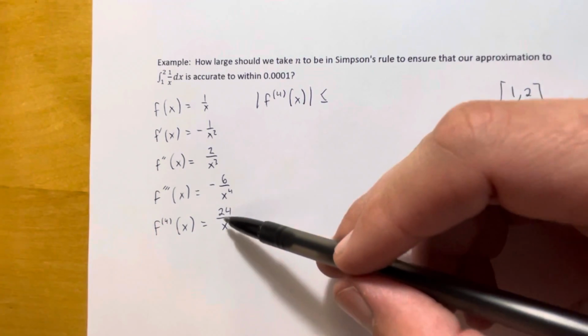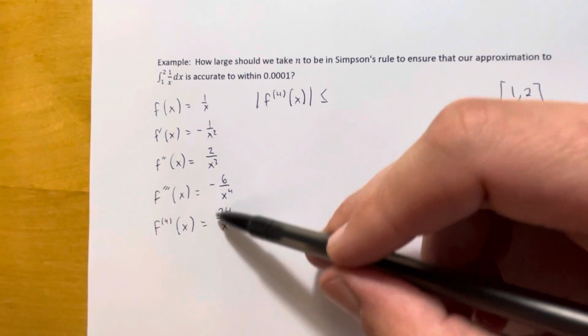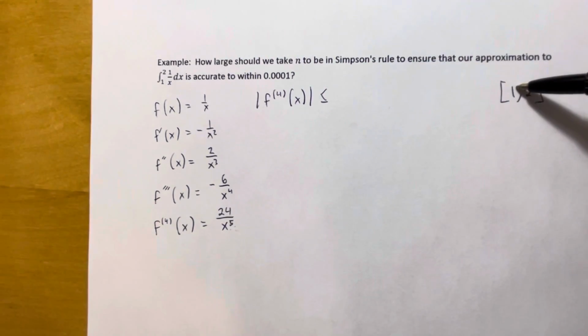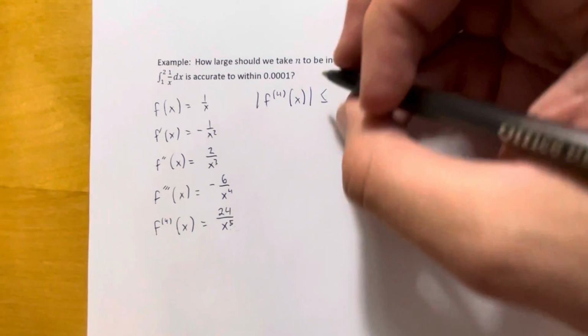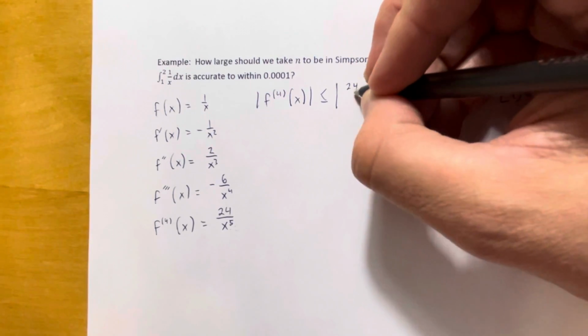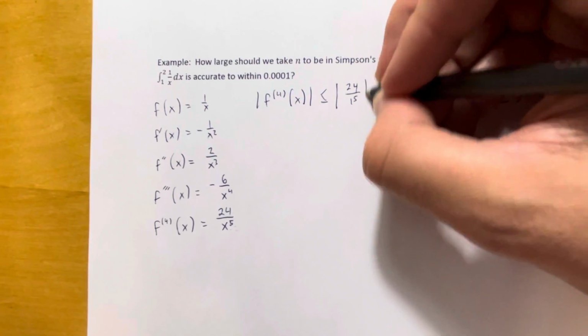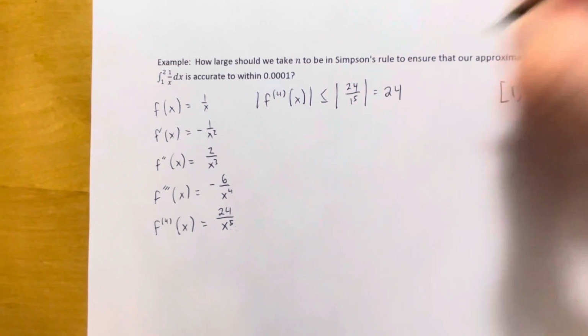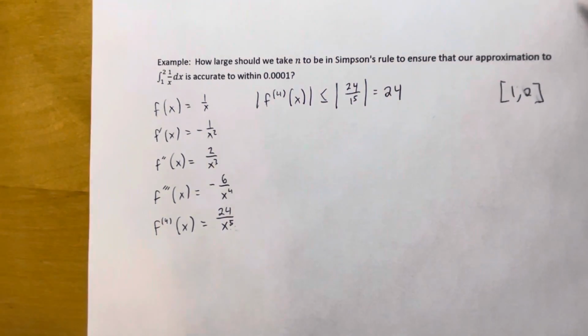The smaller that denominator, the larger this gets. So to make it as large as possible, I want to use the smallest value of x from this interval, which is 1. So it's less than or equal to the absolute value of 24 over 1 to the fifth power, which is just 24. Okay, so that's going to be the k in our example.